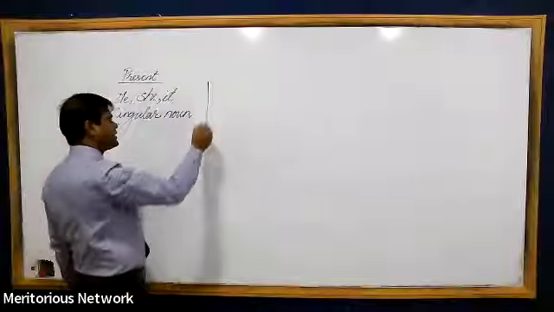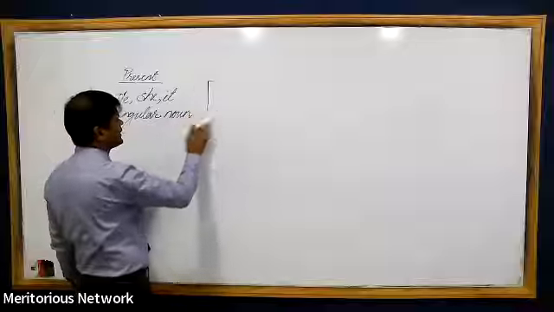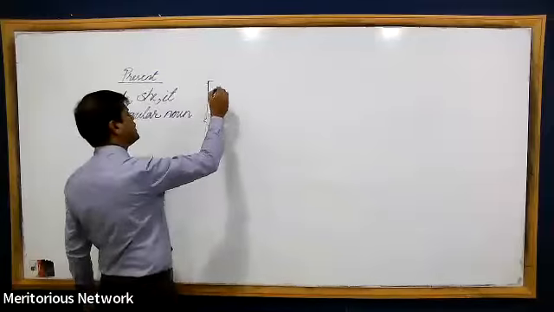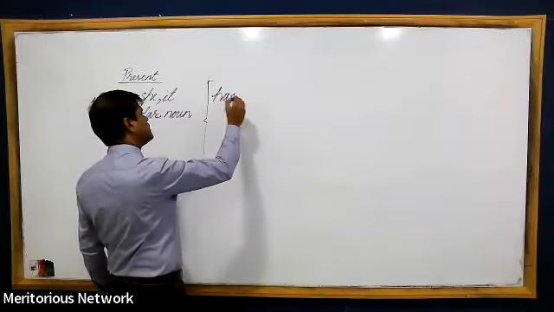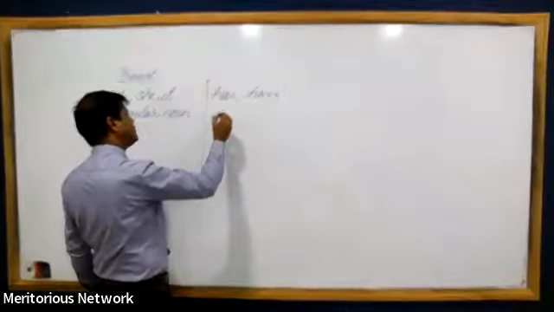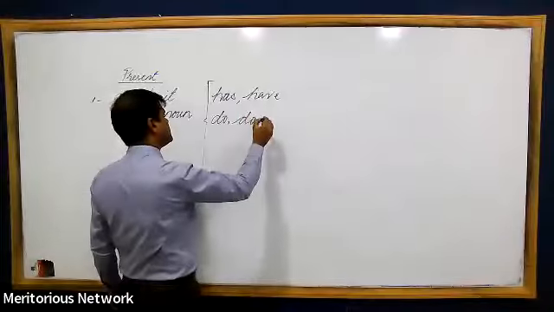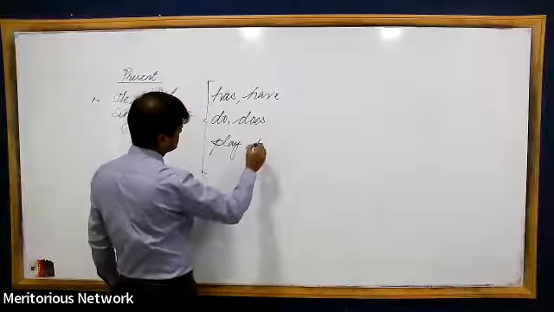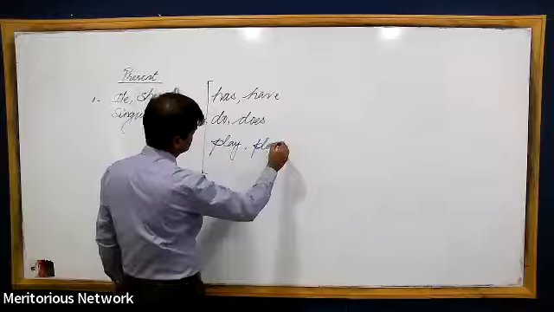And the choices are given. Choices have to be given in, for example, has, have, do, or does, play, or plays.